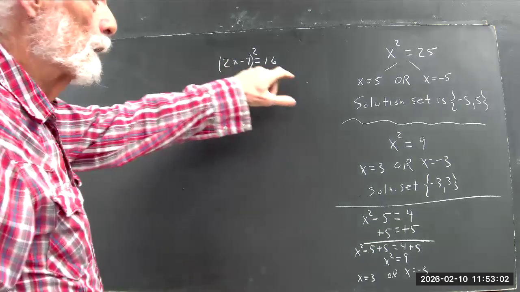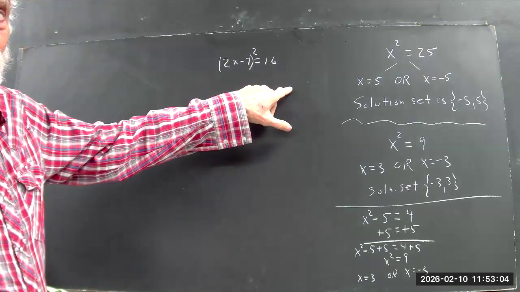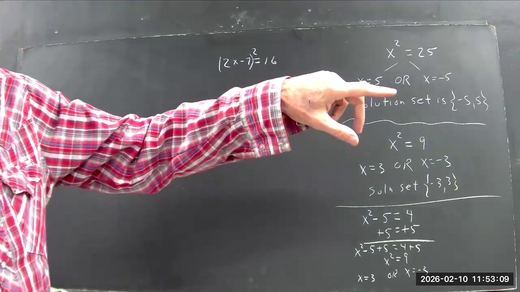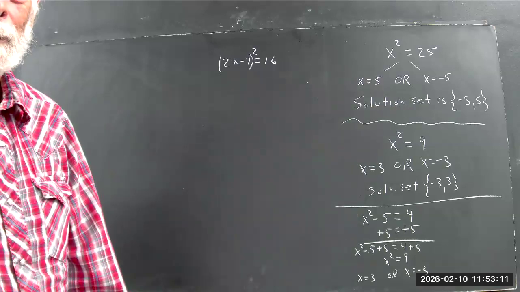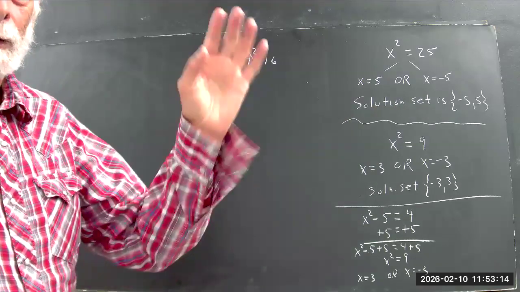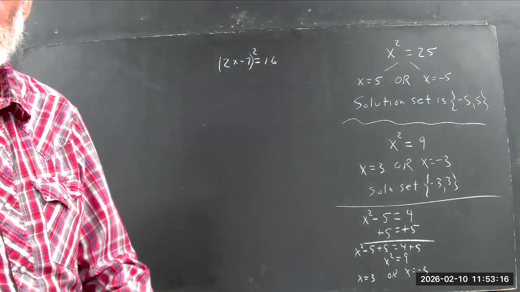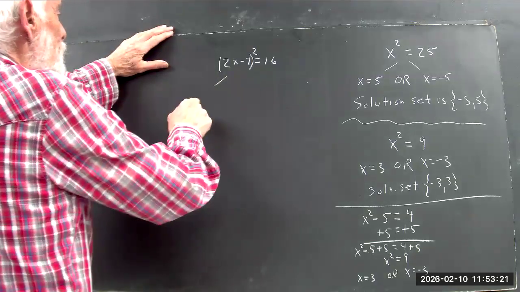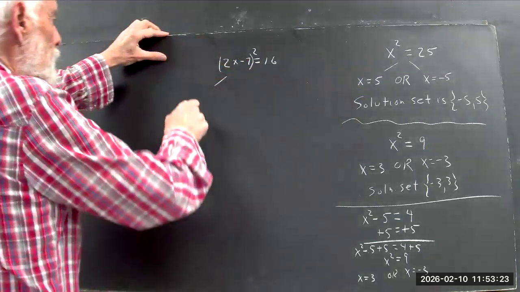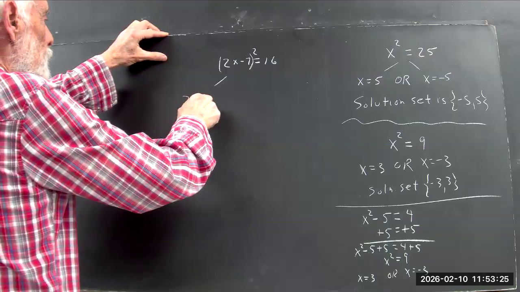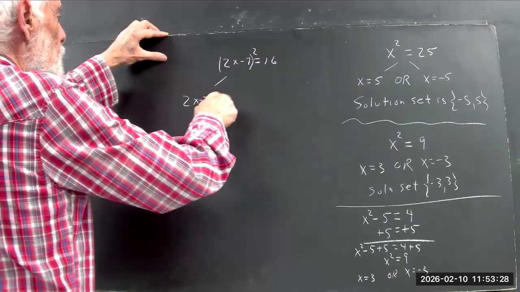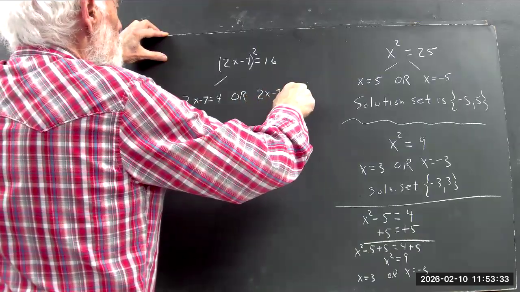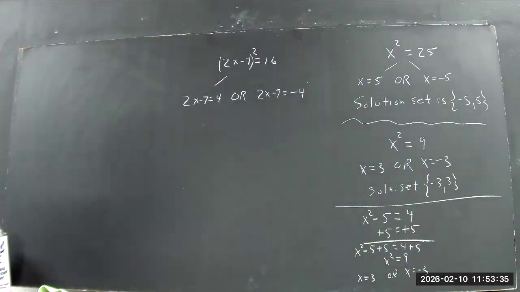I'm saying that something squared equals 16, right? Well, what number squared equals 16? Show me with your fingers. 4, right? Or negative 4. This tells us, just like over here, except it's a little more complicated, 2x minus 7 equals 4, or 2x minus 7 equals negative 4.